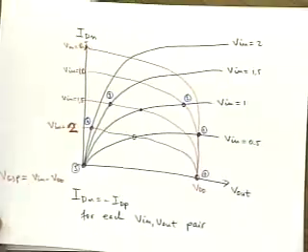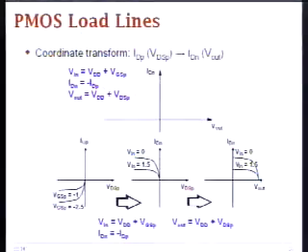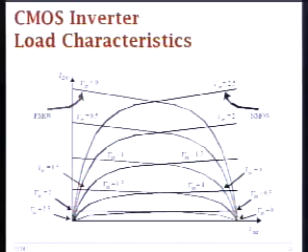So now let's go back to slides for a moment. So this is what we've been doing here, basically just applying this coordinate transform. We flip the curves, then shift them over, and also reverse the labeling on VGS. And that's how you end up with this CMOS inverter load characteristics.